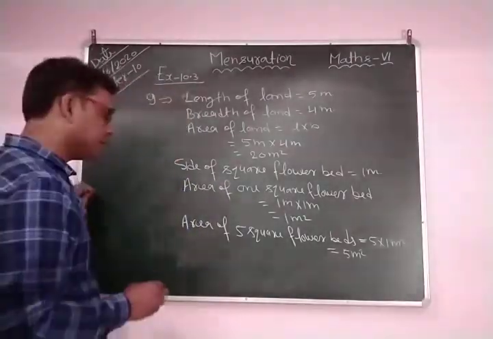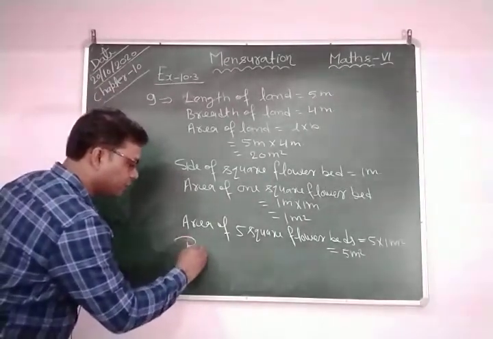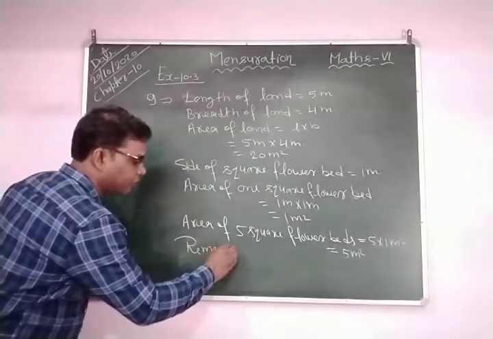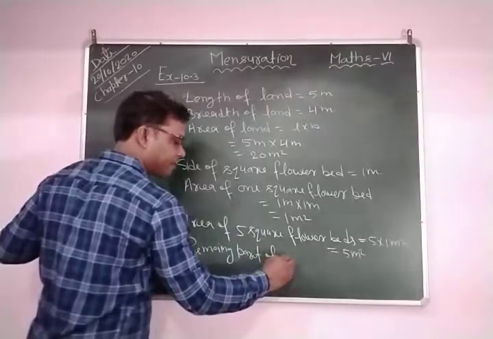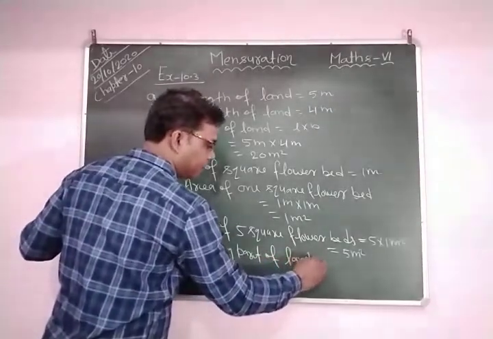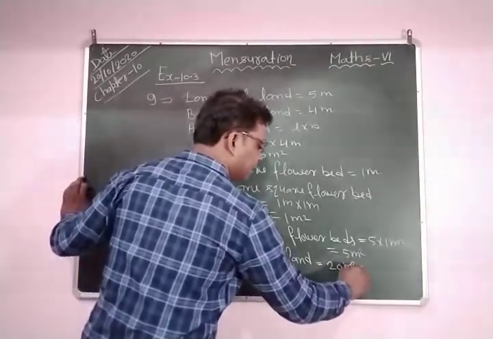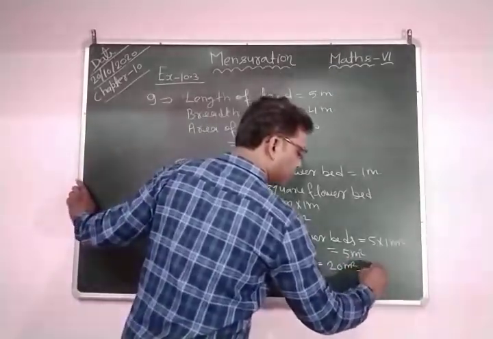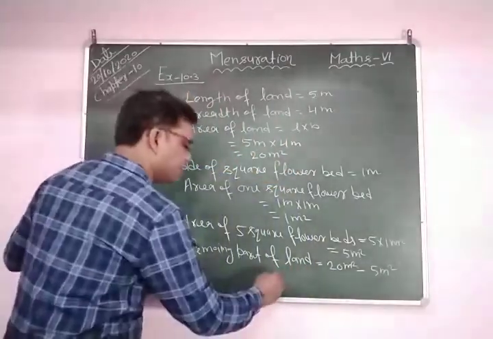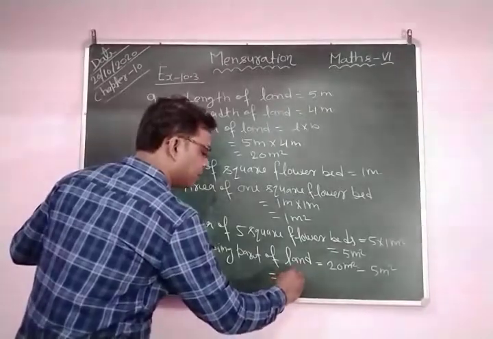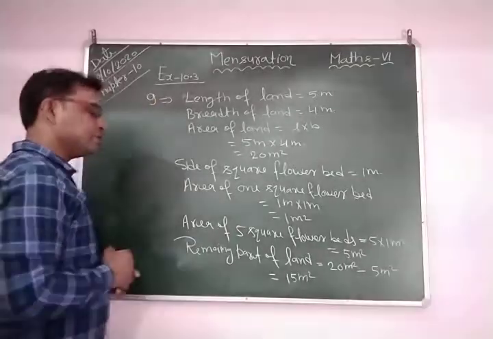So we write here, remaining part of land is equal to 20 meter square, this is the area of land, minus 5 meter square, this is the area of 5 flower beds. If you subtract, then you obtain 15 meter square. Remaining part of land is 15 meter square.